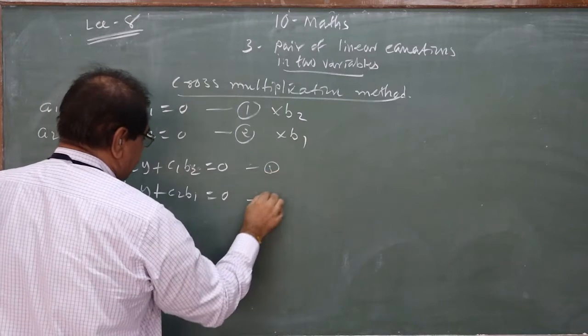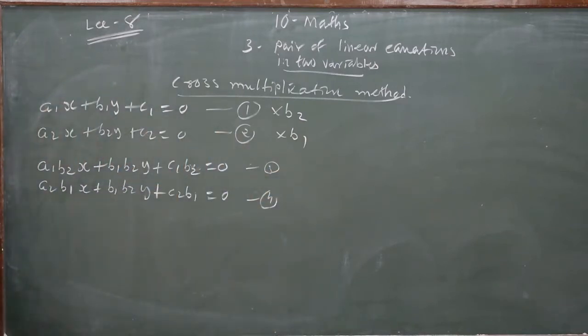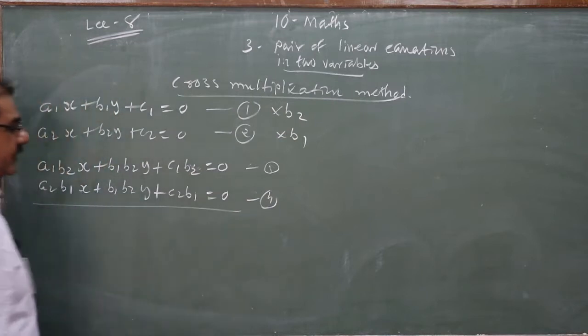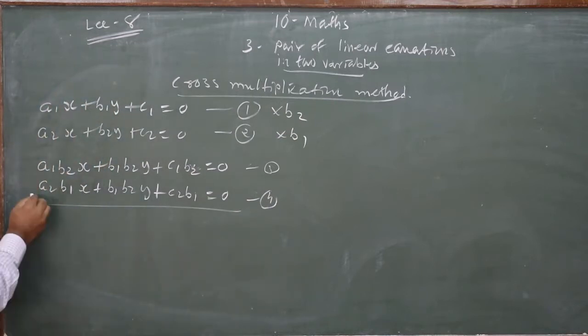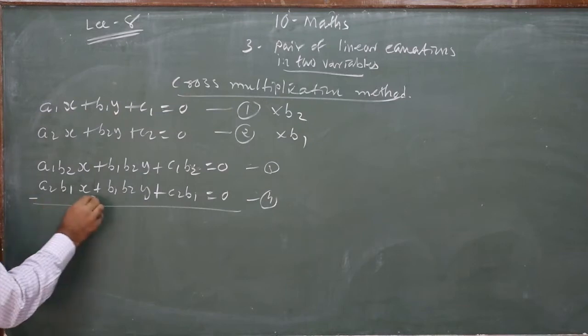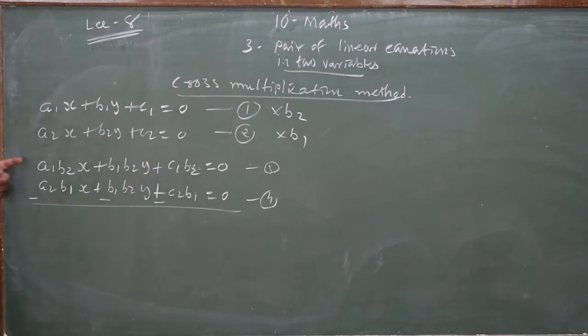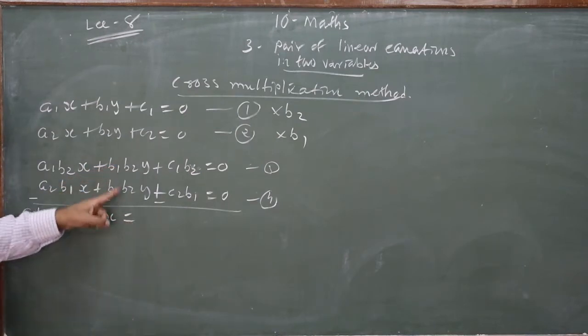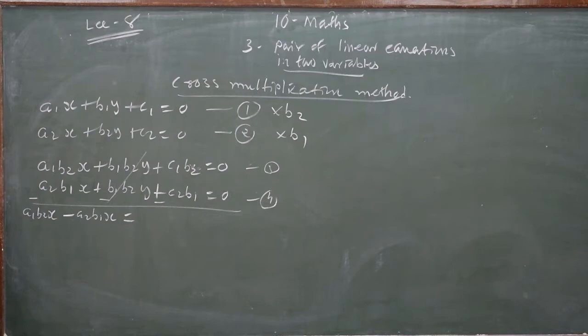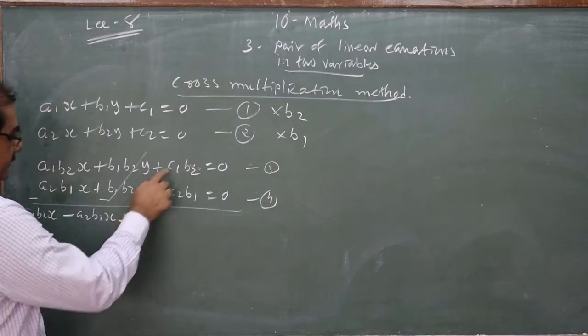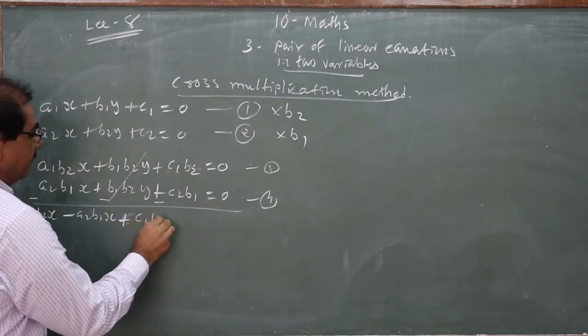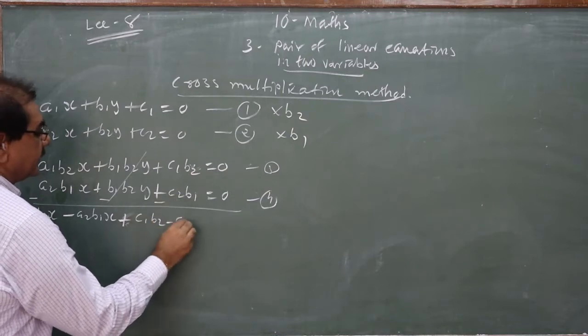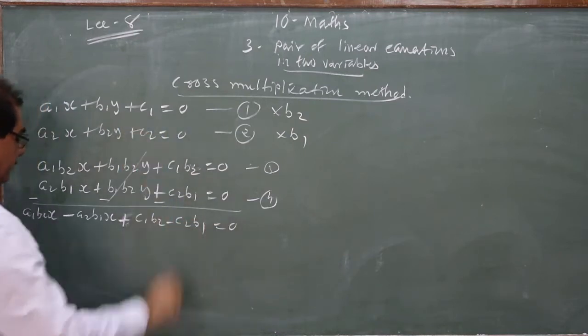These are equation number 3 and equation number 4. Now I take the difference of equations 3 and 4, and taking the difference means I change the sign of the second equation. So a1 b2x minus a2 b1x, these two are the same so they cancel, plus c1 b2 minus c2 b1 is equal to 0.